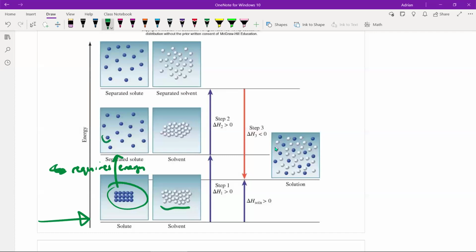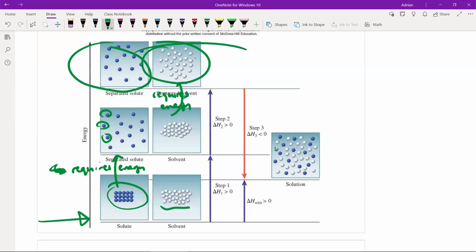So we have now separated solute particles. We also need to separate the solvent, which is also going to require energy. That's the second step up here. So that requires energy as well. Now we have our separated solute and separated solvent.